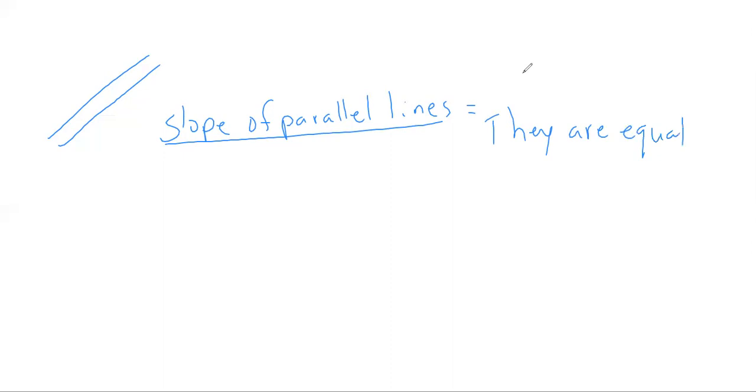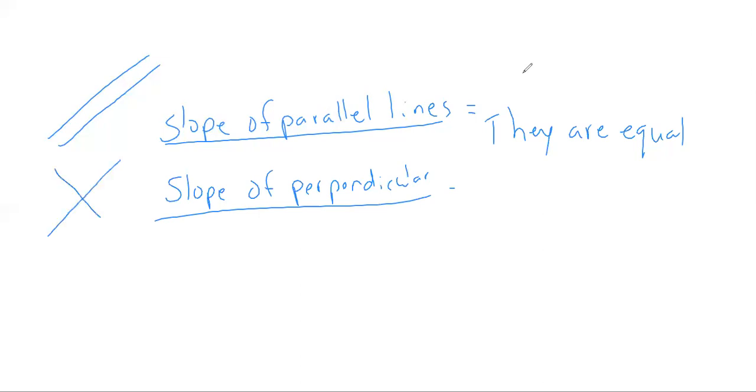Now, you have the slope of perpendicular lines. Now this time, two lines that are perpendicular. So I'm not going to draw them up and down like that.